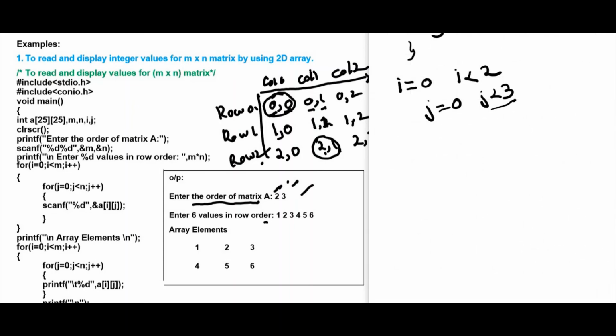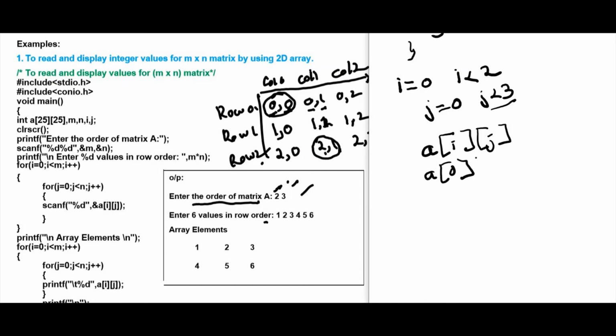Okay. Now see here, we have scanf %d, ampersand a of i j. So the first value that is scanned has to be stored at the location a of i j. What is our i? i is 0, so it is a of 0.